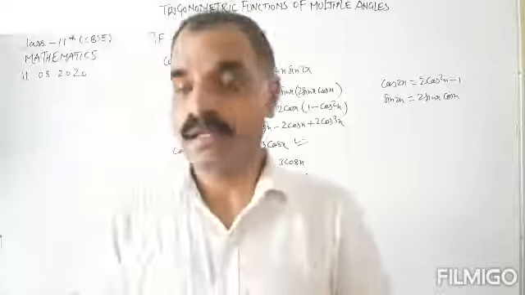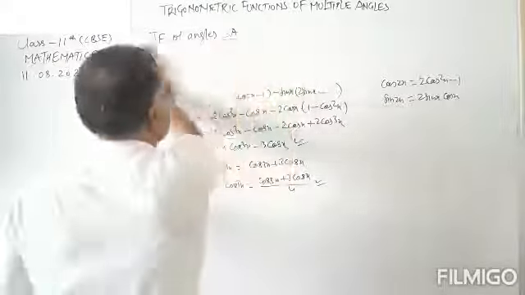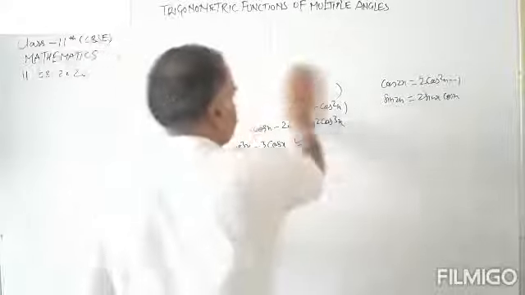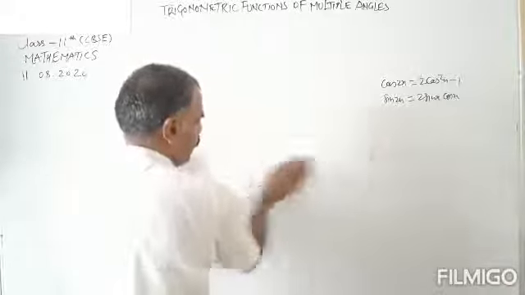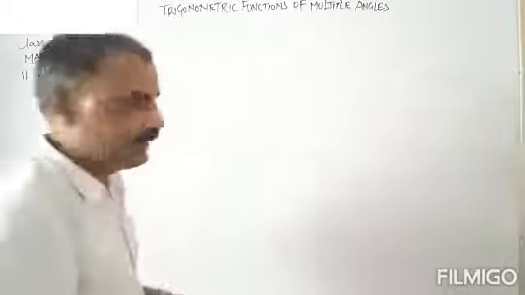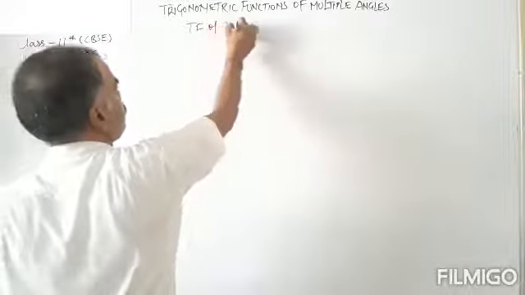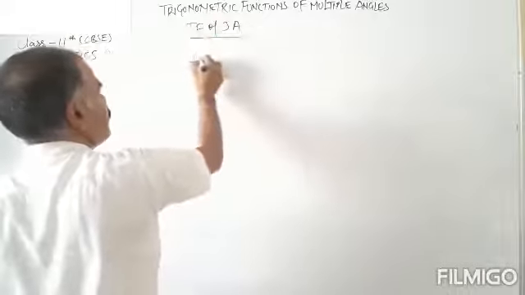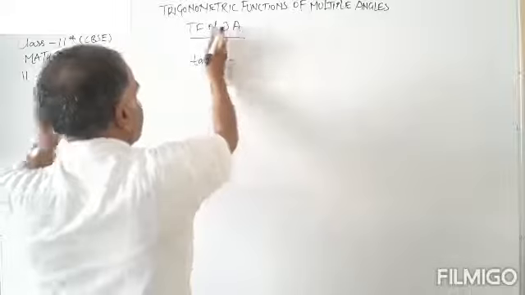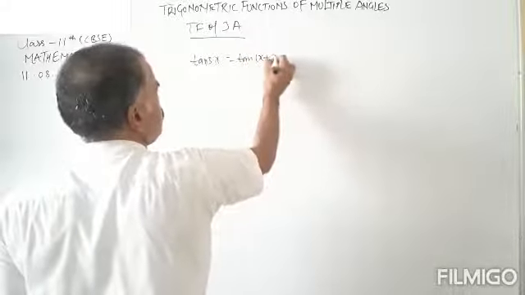Now tan 3x. Trigonometric functions of 3a, tan 3a. Trigonometric functions of 3 times the angle. Now tan 3x is equal to tan of x plus 2x.